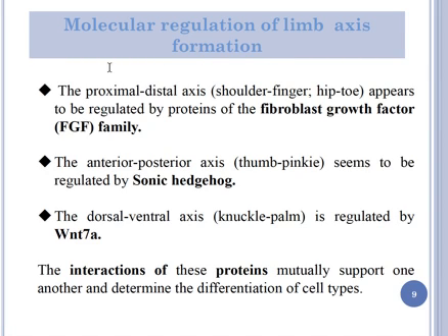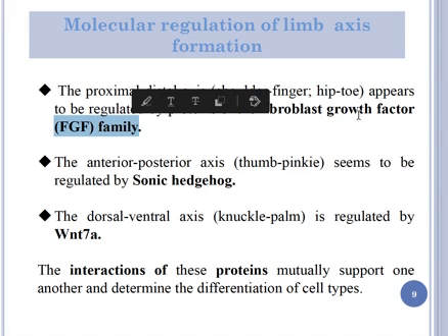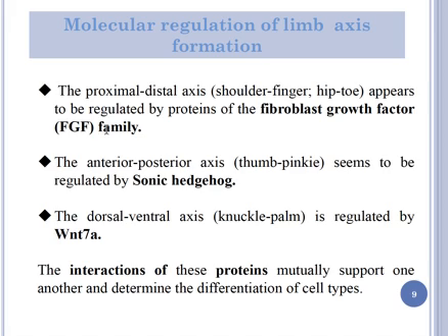And of course each axis is regulated by a specific pathway. That's why we talk about molecular regulation of limb formation. For example, the proximal distal axis is controlled by the fibroblast growth factor family, the FGF. We have seen before, in chapter 3 I think, yes, we have seen the FGF signaling pathway, if you remember.